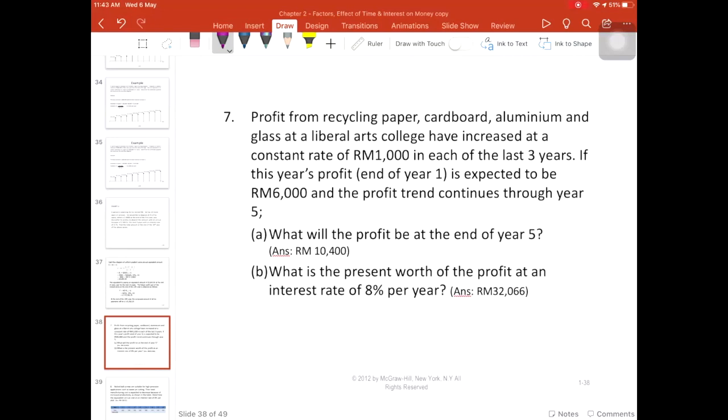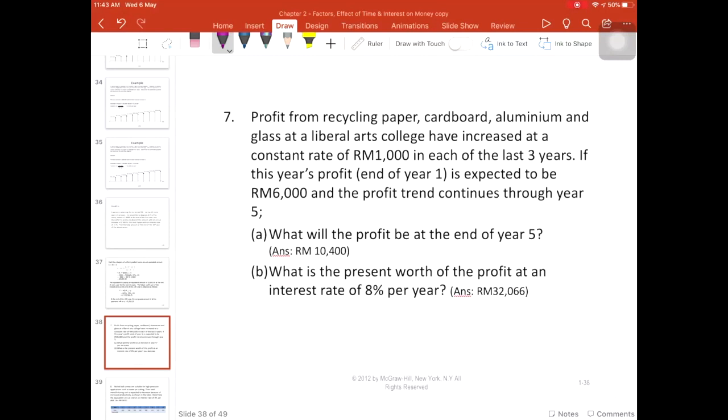The answer should be 10,000. Thank you for the comment. For the original question should be 1,100. Yes, correct. If the 1,000, the answer should be 10,000 only.